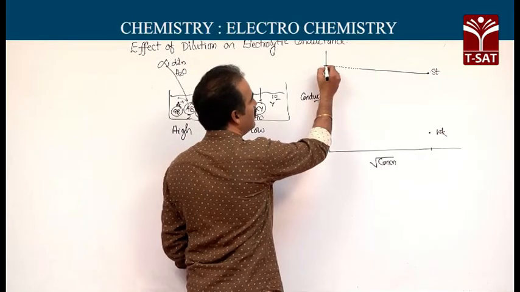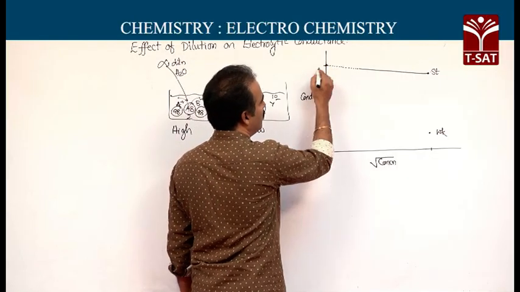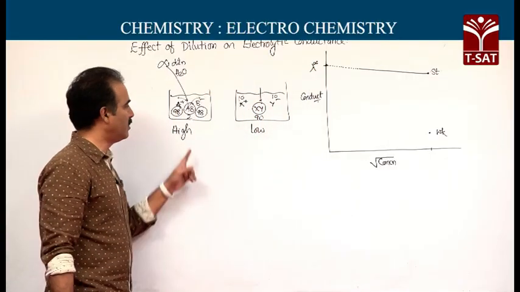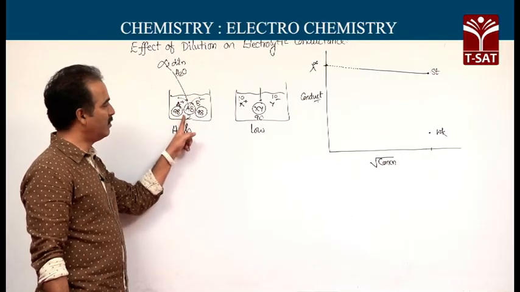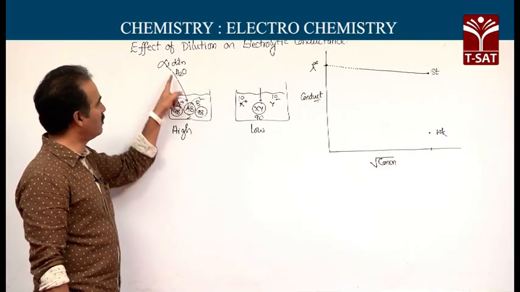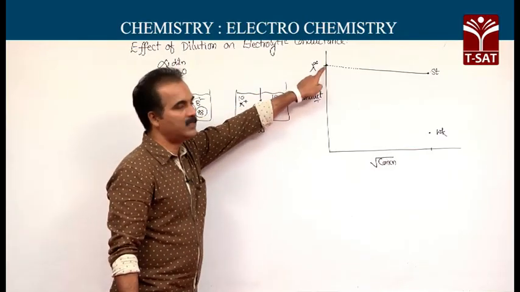That is the maximum conductance you can see from a strong electrolyte, which is called lambda infinity, that is, the conductance at infinite dilution of a strong electrolyte. It is maximum, that is here.